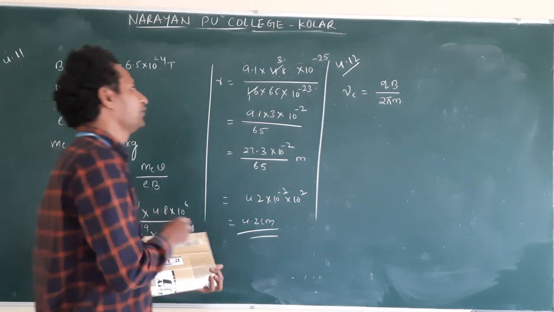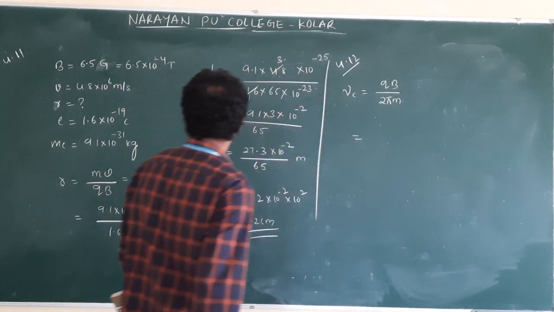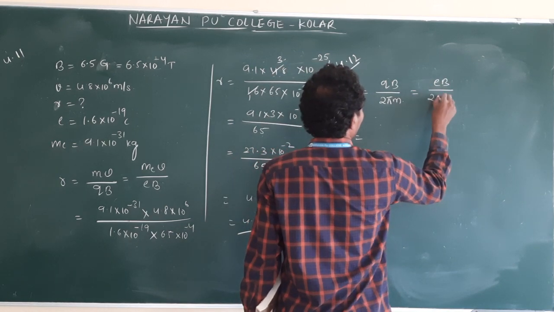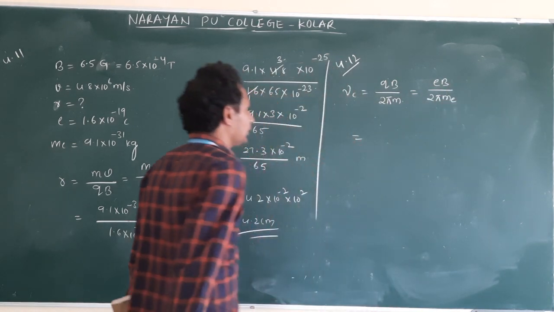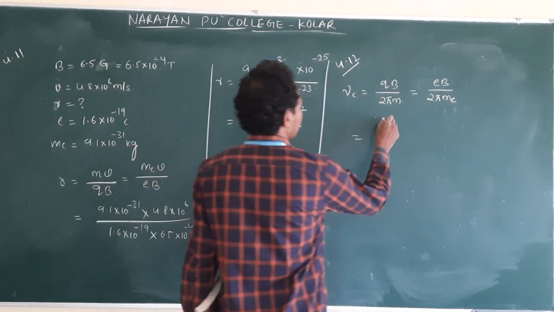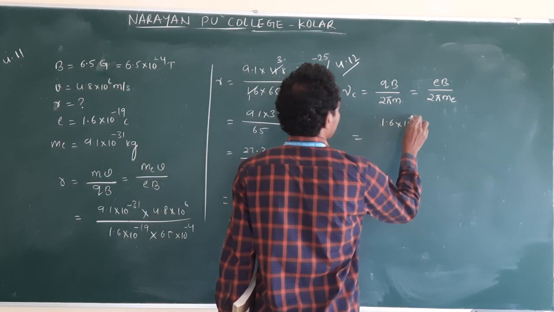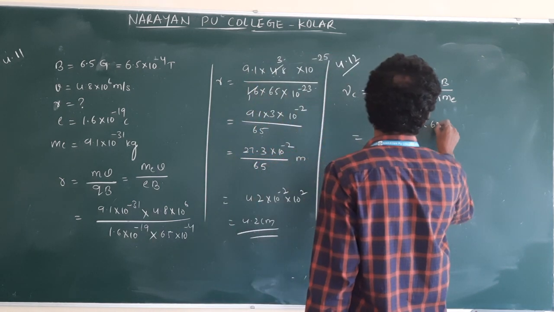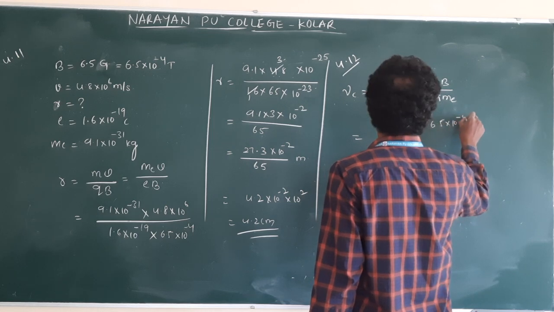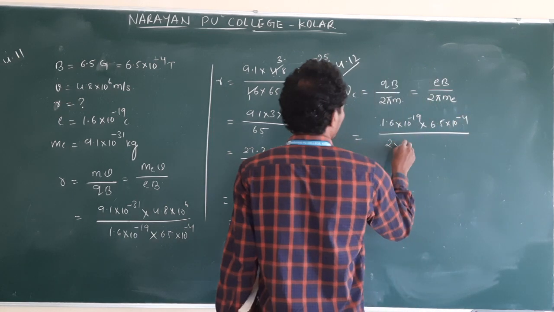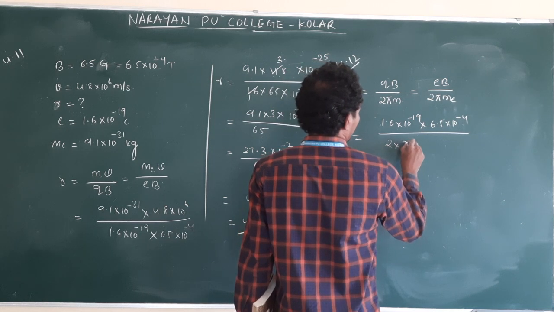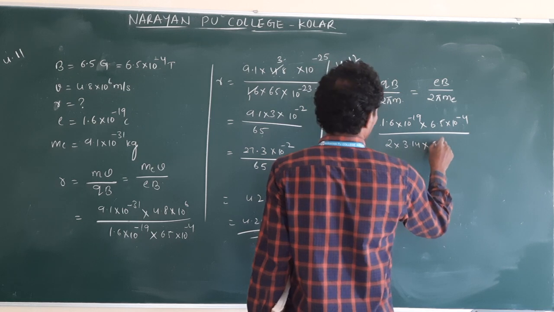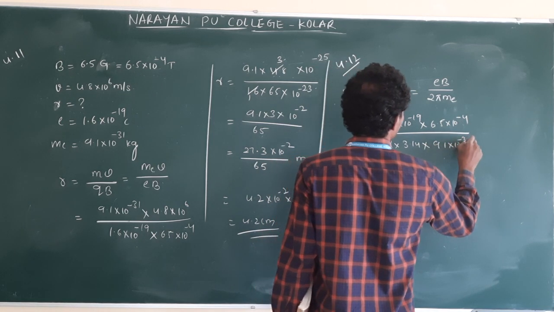Now we will try to find this frequency. Q is again the charge of the electron. If you write this equation for the electron, eB by 2 pi m e, then 1.6 into 10 power minus 19 coulomb, and B is 6.5 into 10 power minus 4, divided by 2 into 3.14 into the mass of the electron, 9.1 into 10 power minus 31.